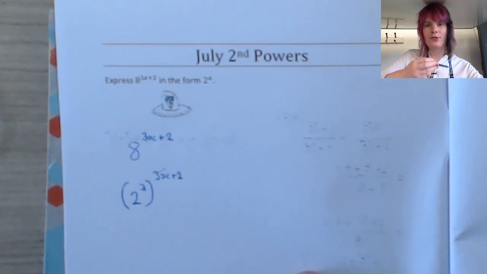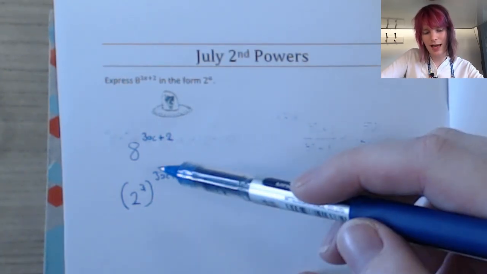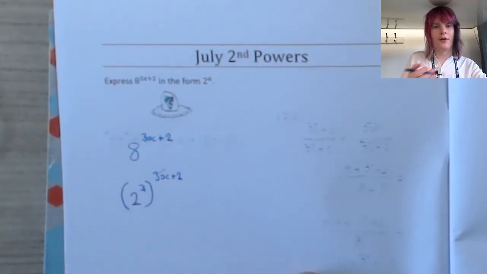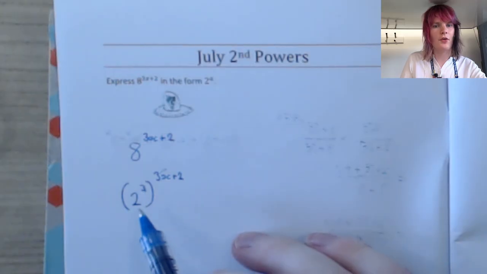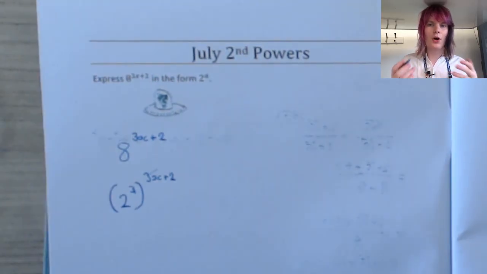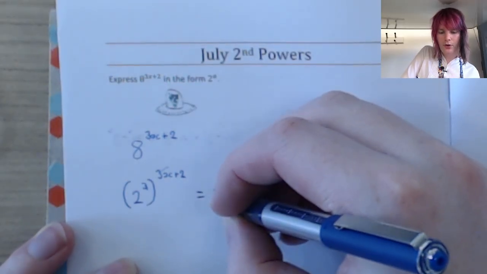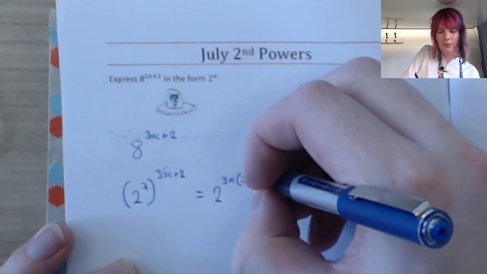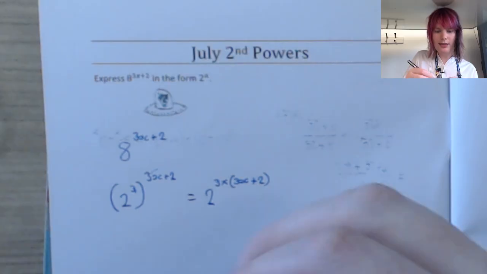But you can think of this almost as kind of like a distributive property, where we've got 2 to the 3 happening 3x plus 2 times, which means that overall we're going to have 3x plus 2 copies of 2 to the 3 multiplied together, which then, as we know, will become 2 to the power of 3 multiplied by 3x plus 2. And now we can translate that quite easily.